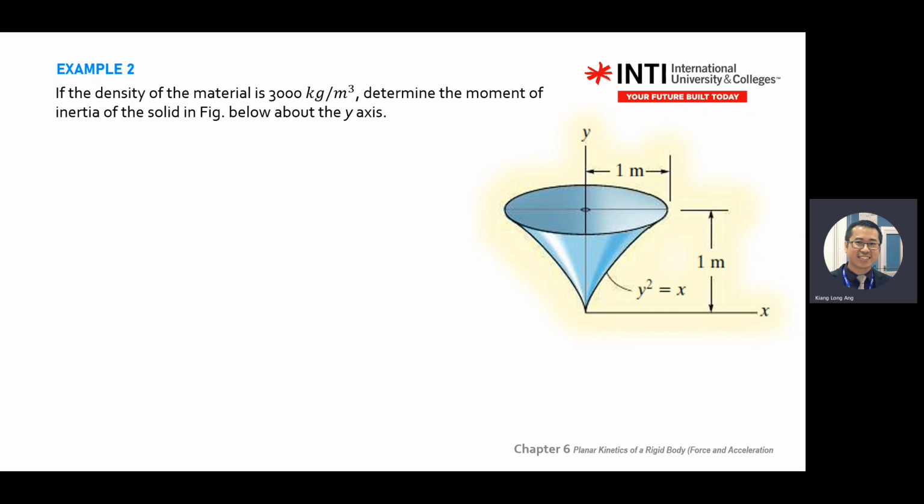How to get this volume? Think before you answer. How do you calculate this volume?